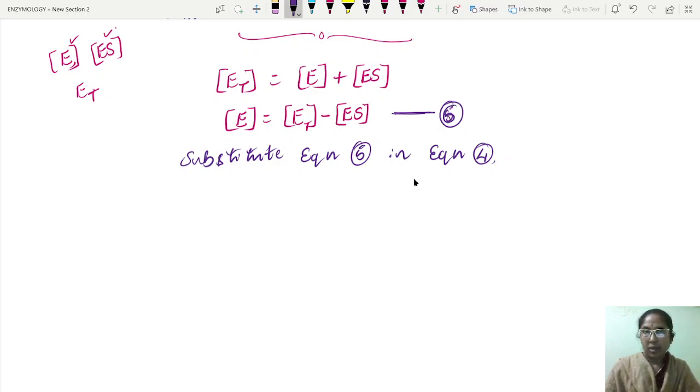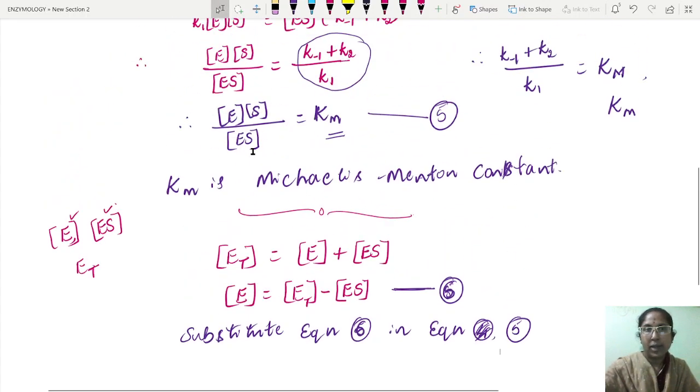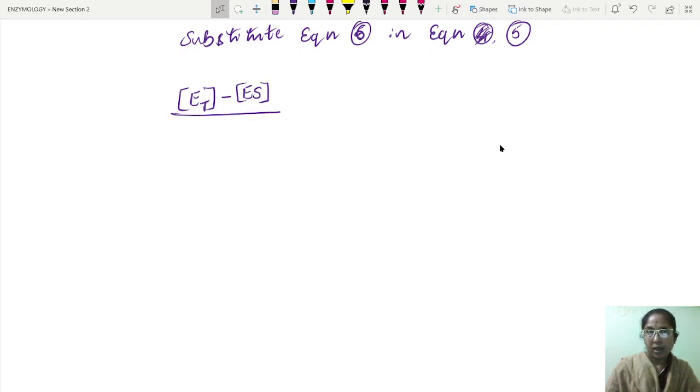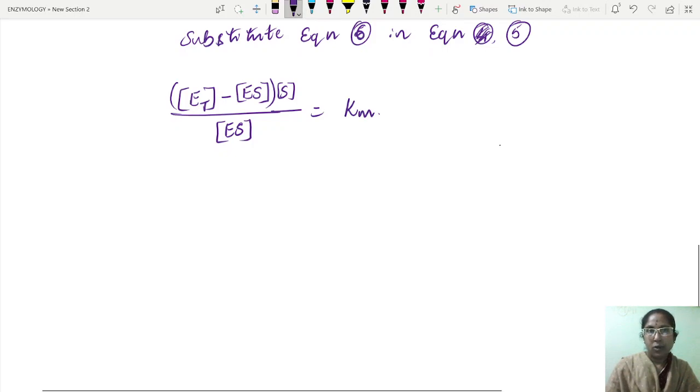If we substitute this in equation 4, which is E into S by ES is equal to Km, the free enzyme is nothing but the concentration of the total enzyme minus the concentration of the ES complex, into S, divided by this ES complex, which is equal to Km.